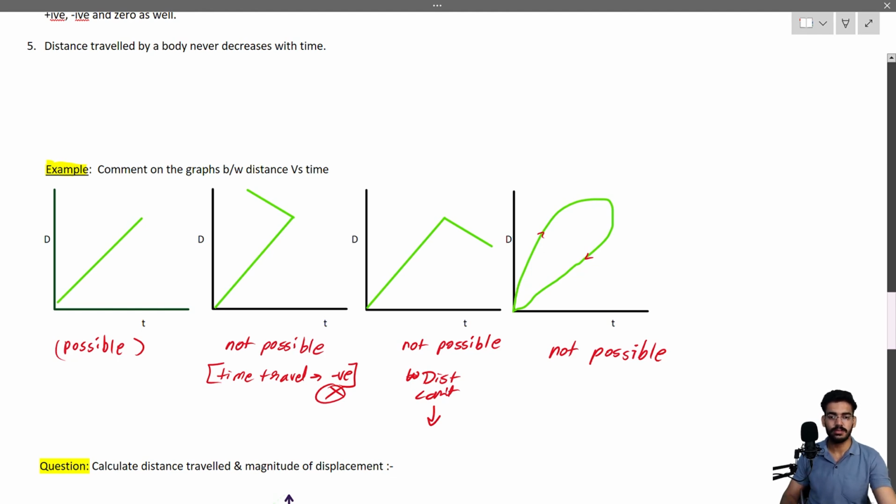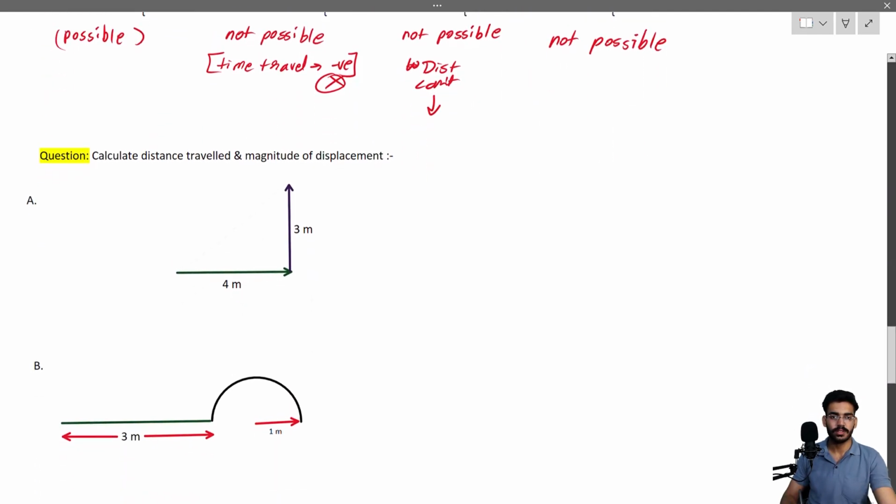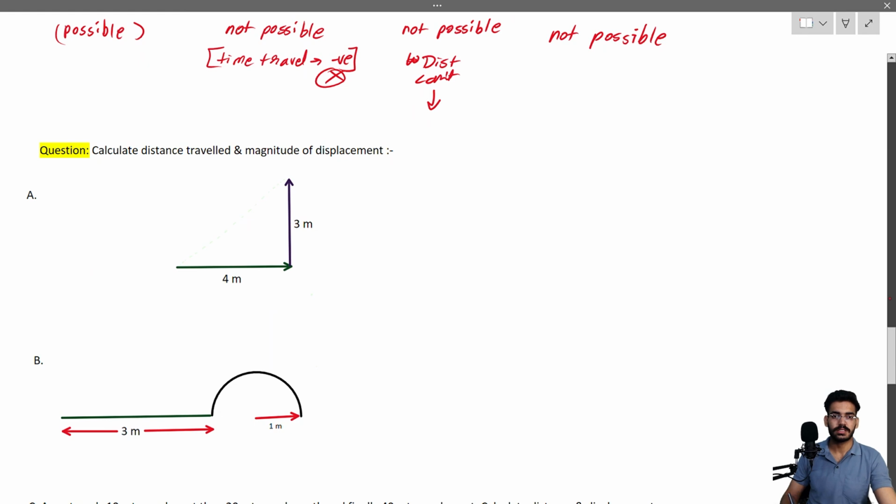Let's do the next question. We have to calculate the distance traveled and the magnitude of displacement. This is your initial point A, this is point B, and this is point C. Some particle traveled this side 4 and this side 3. Distance is the path traveled, so 4 plus 3 is 7.